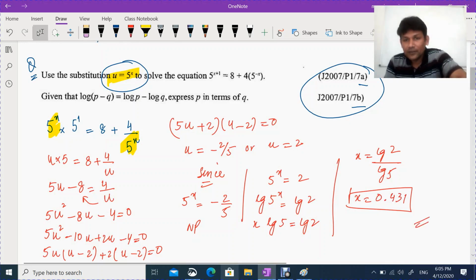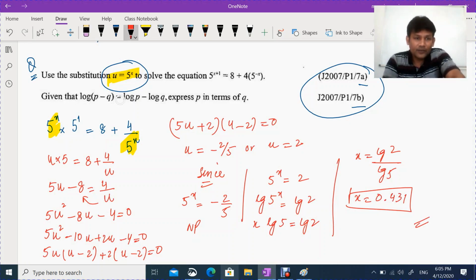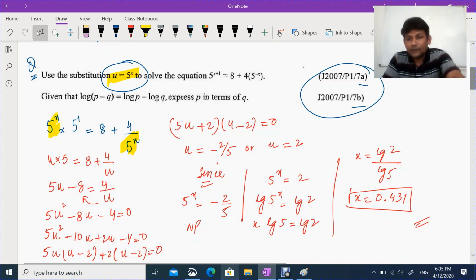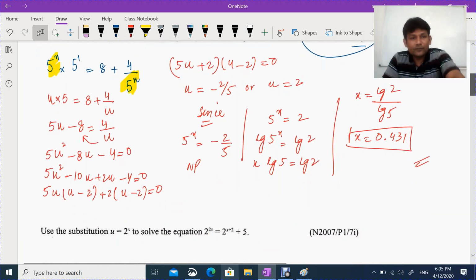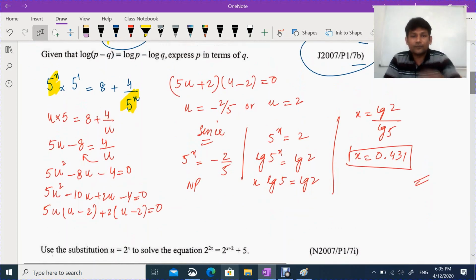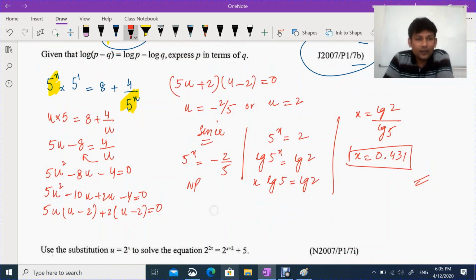Next part. Okay, we are also given that, in the second part, log of p minus q and this, express p. Okay, I'm solving this. Here, this log of p minus q and log p, can you make a single logarithm here? How can you make a single logarithm?